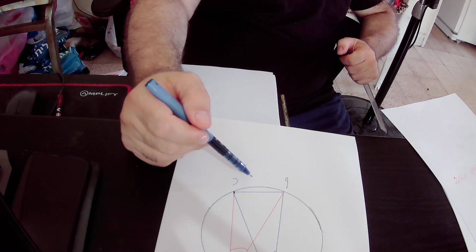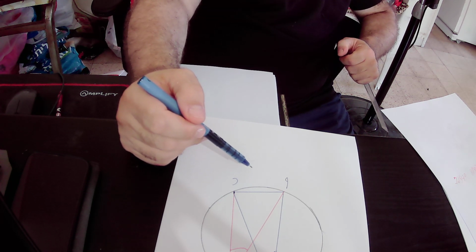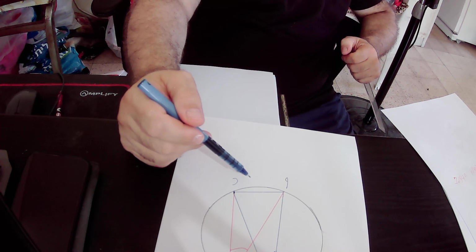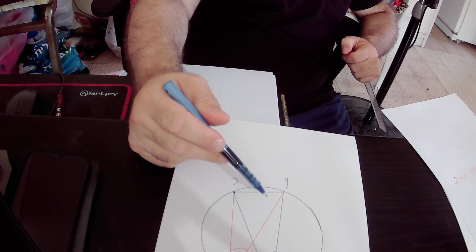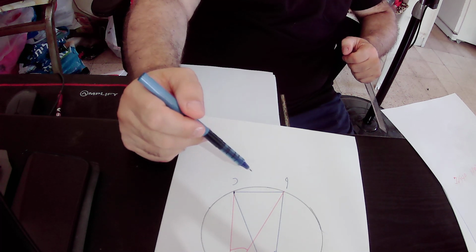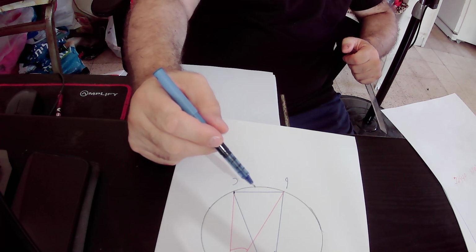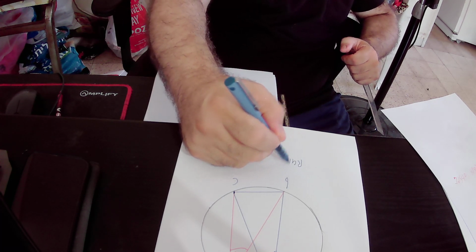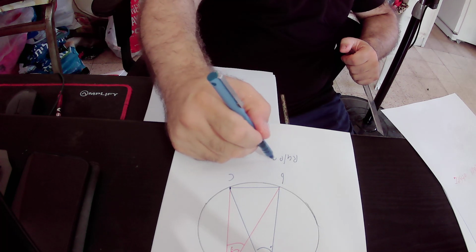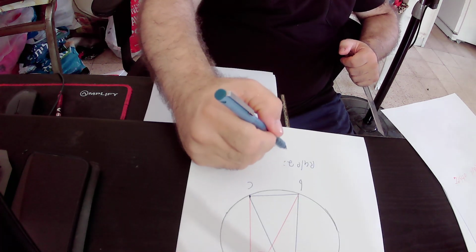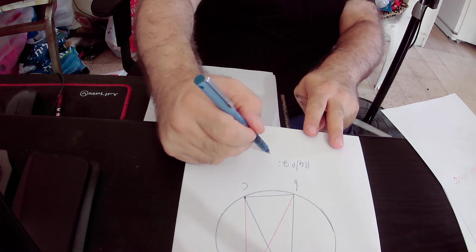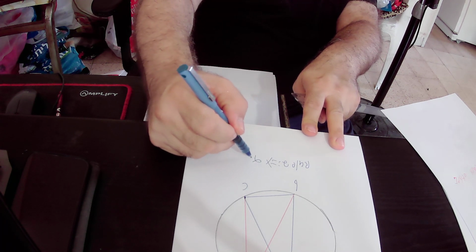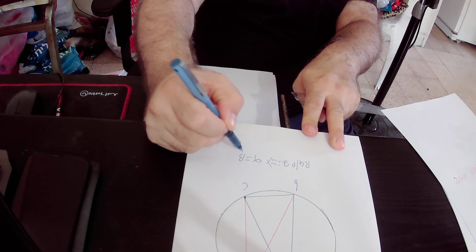So according to rule number 2, because angles alpha and beta rest on the same chord, they are equal to each other. So according to rule number 2, angle alpha equals angle beta.